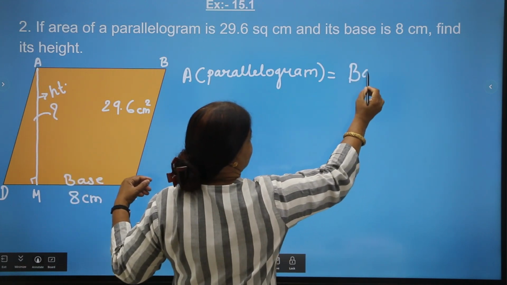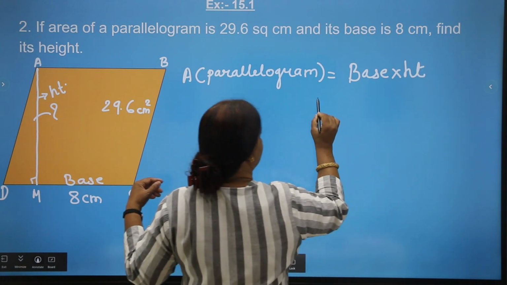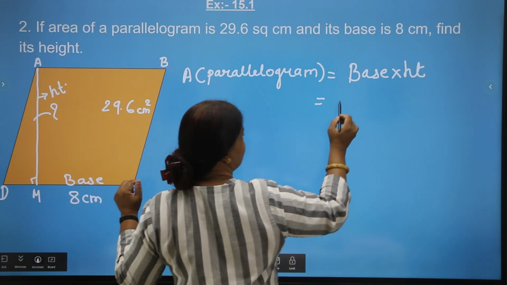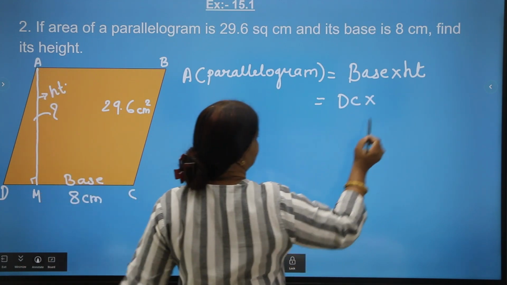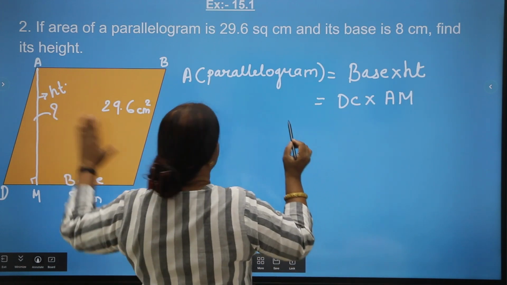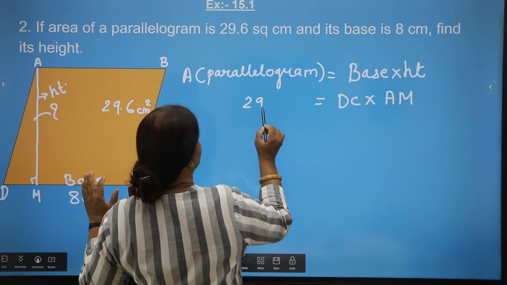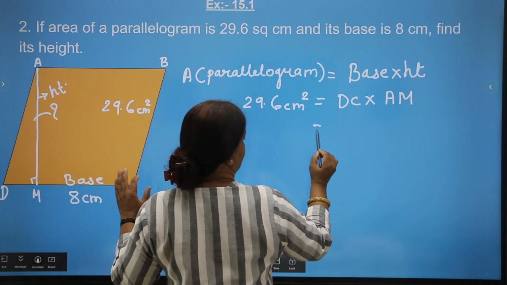So base into height. What is the base? DC. And what is the height? AM. And what is the area? 29.6 centimeter square.